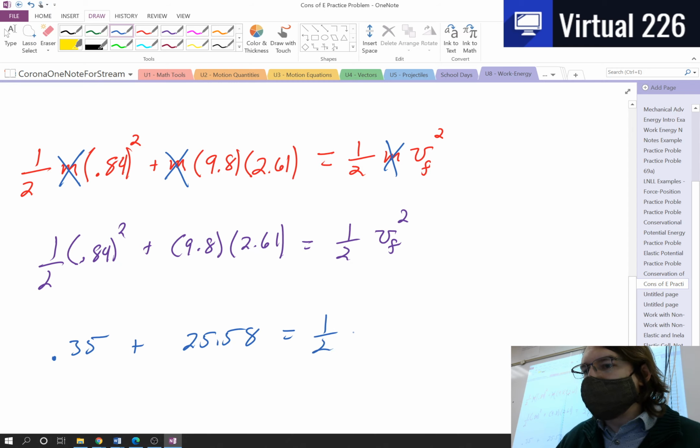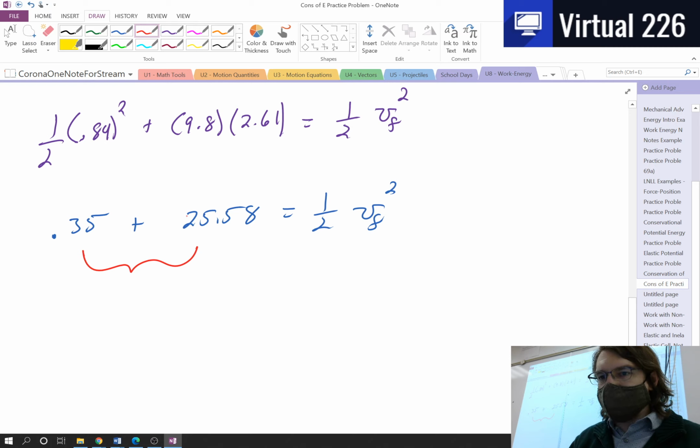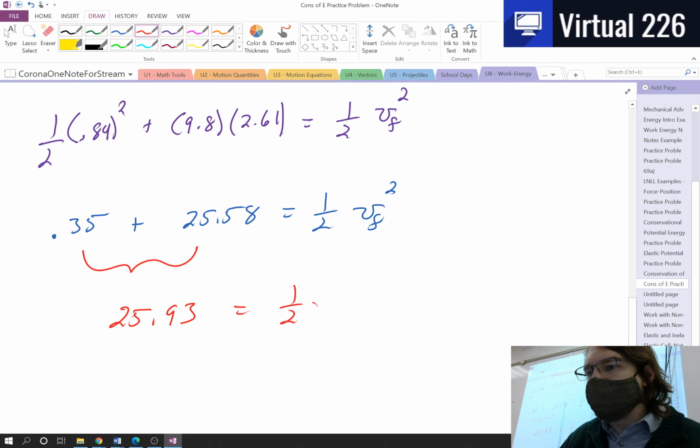And that equals 1/2 VF squared. Now we're just walking through the math. Let's combine these terms here. 25.58 plus 0.35 is going to give us 25.93 equals 1/2 VF squared.